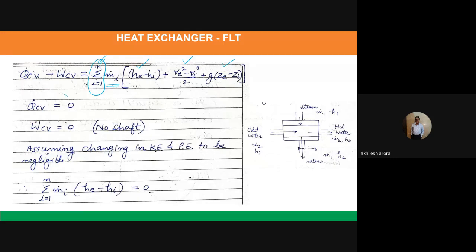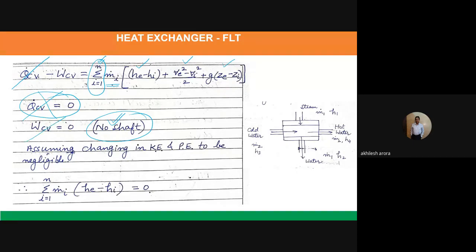So I can cross out this Q dot CV. Then there is no shaft in the system. A heat exchanger is only exchanging heat. It is at the shaft that work is available, so when there is no shaft, there is no work transfer. So this term is zero, and I can cancel it here also.